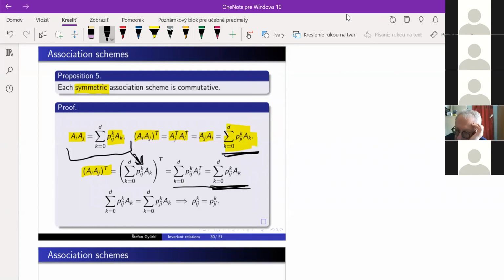Since we have a basis from the matrices A_k, then of course the two linear combinations should have the same coefficients, and from that we are obtaining that really for each structure constant p_ij^k, it holds that it is equal to p_ji^k. So the association scheme is commutative.